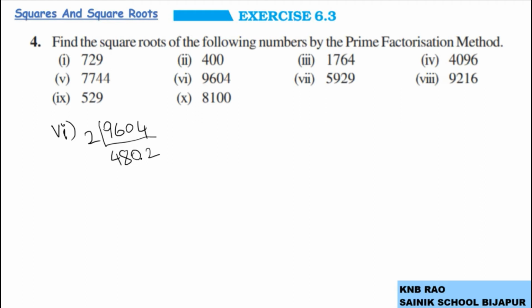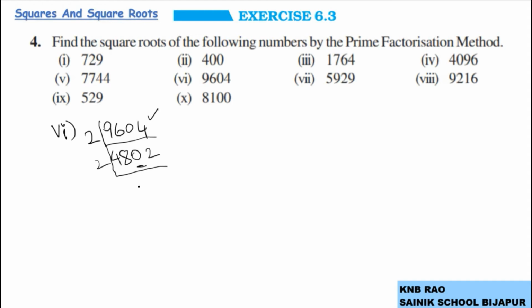They forget to take the 0 and commit an error by writing 482. Remember, 2 multiplied by 4802 only gives 9604. Okay, so don't make a mistake of this sort. Here 2 zeros are 0, so we have to write the 0 compulsorily.